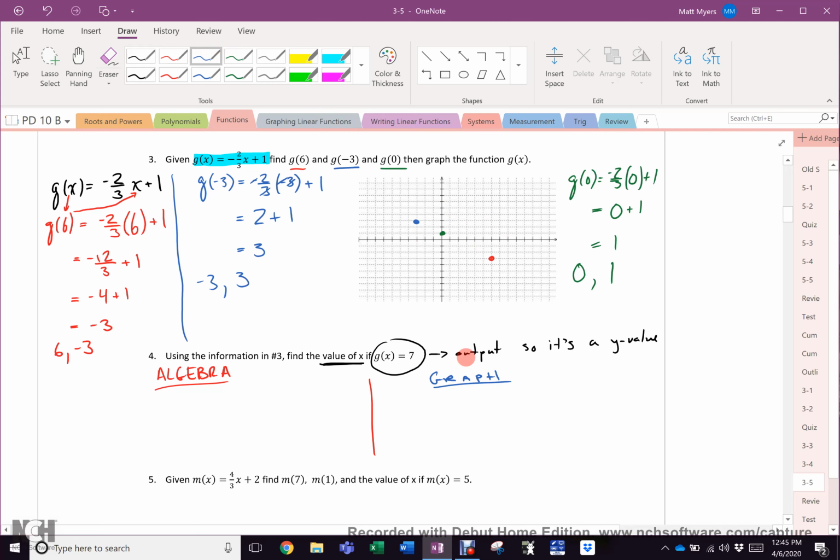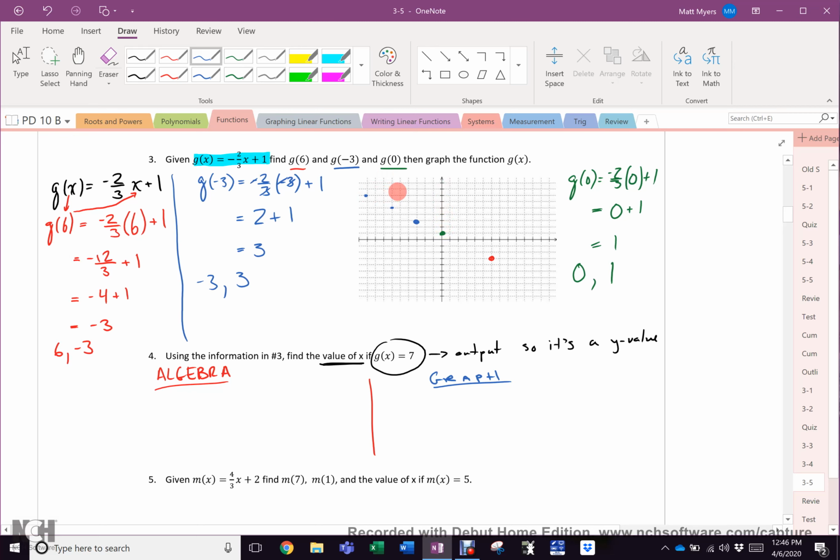Now, you can see that this goes up 2 over 3, up 2 over 3, up 2 over 1, 2, 3. Right?